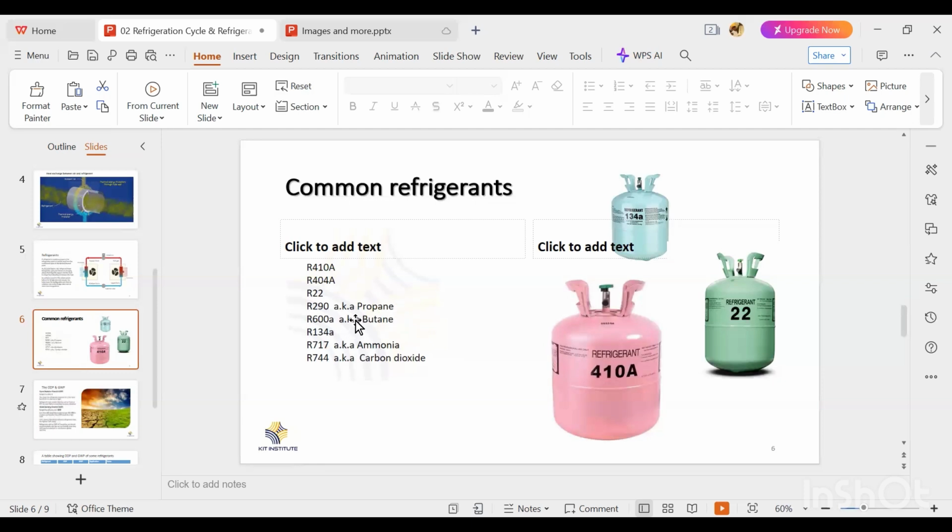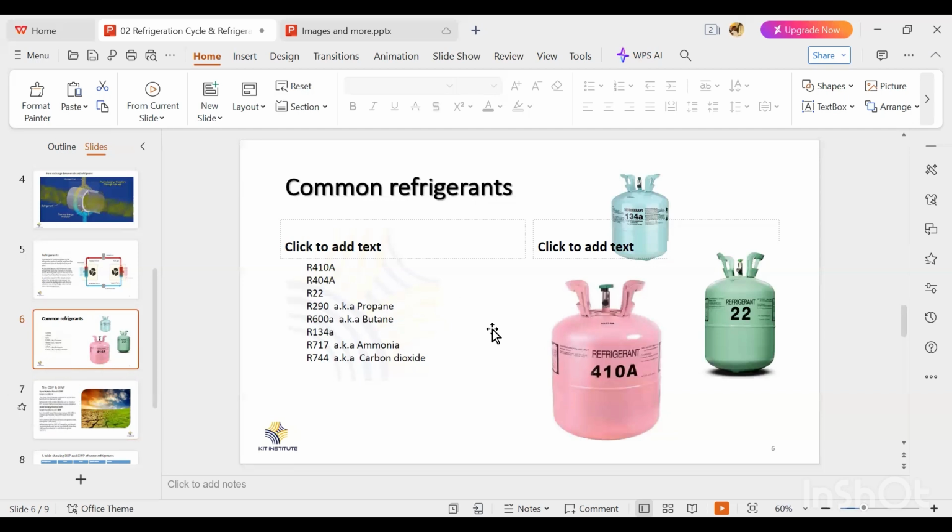The cooking gas, that is propane, but it can also be used as a refrigerant. Then there is R600A, butane. This is what we used in school, for those who did some little chemistry, in the Bunsen burners. This was the gas that was used in Bunsen burners, butane. Then R134A. You will come across them, but you don't need to cram the figures, as I've said.